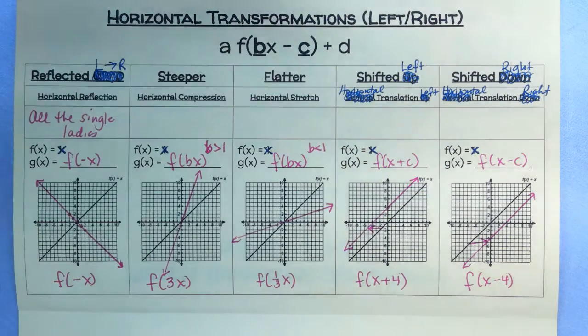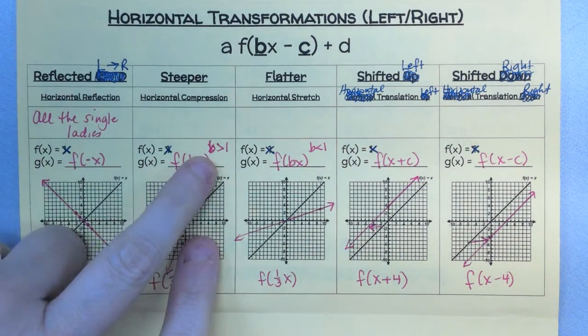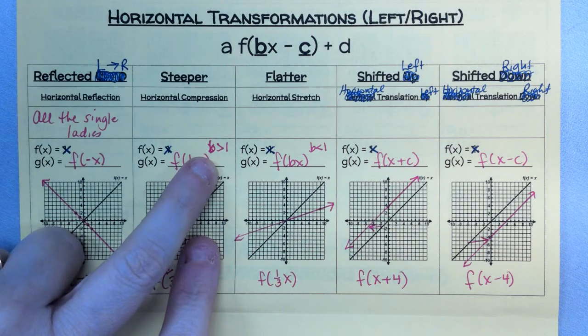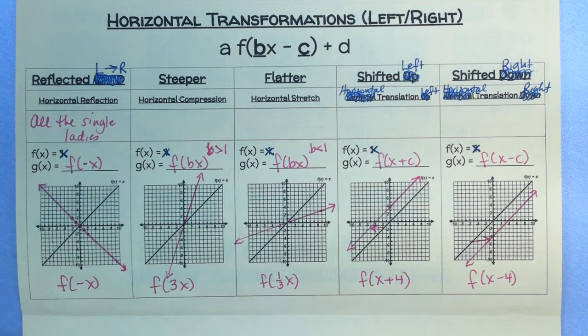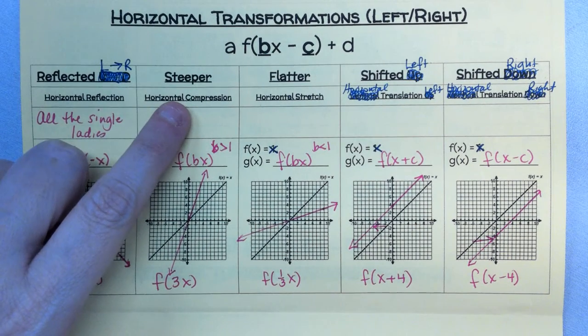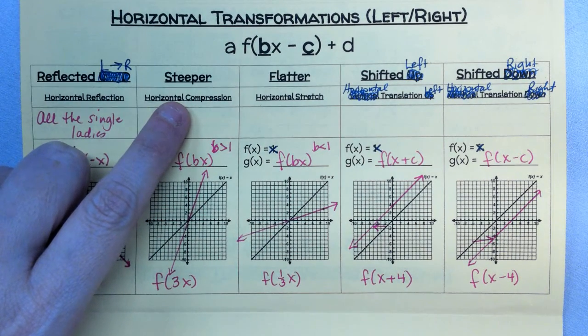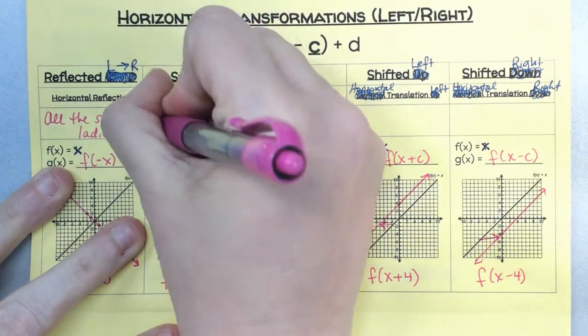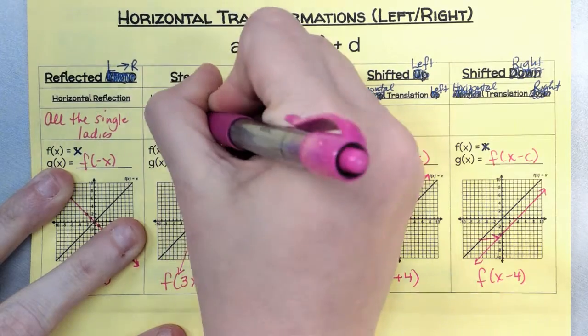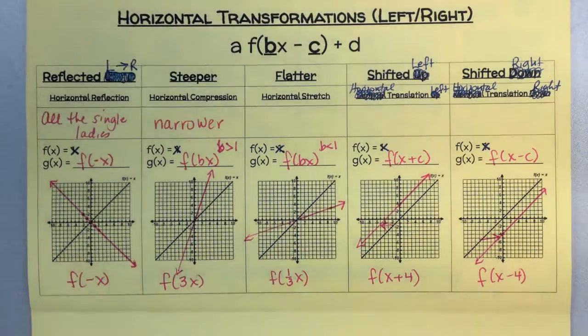It was a vertical stretch. So when b is bigger than 1, you would think that it would be a horizontal stretch, right? But it's not. It's a horizontal compression. So you'd think that it would get wider, but it actually gets narrower.